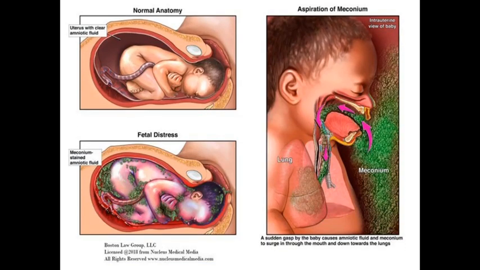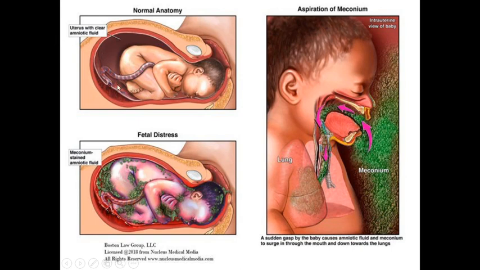Now we'll see another condition that can occur in a preterm baby, and that is called meconium aspiration syndrome. So this is what happens. In a normal baby, we know inside the mother's uterus the baby is inside a water bag, called the amniotic cavity. The fluid inside this water bag is the amniotic fluid.